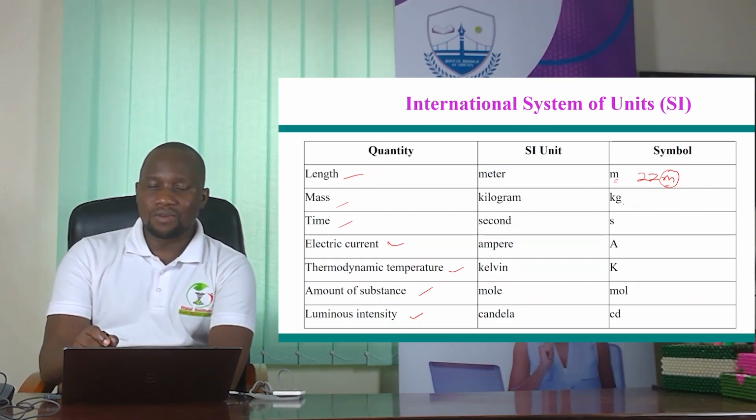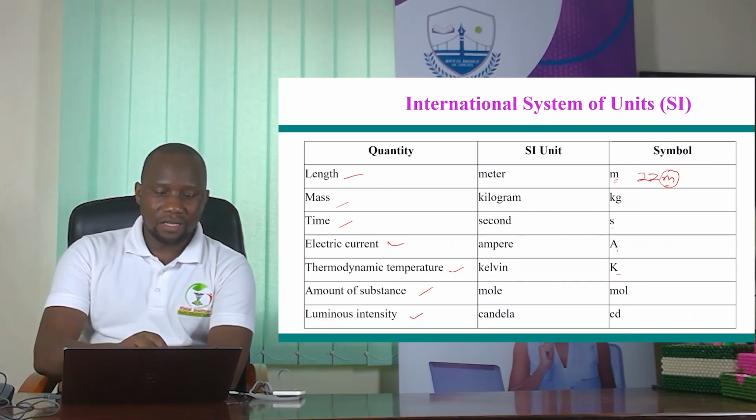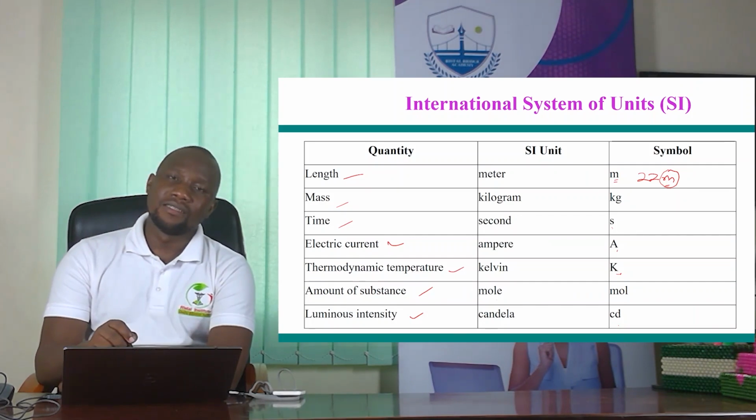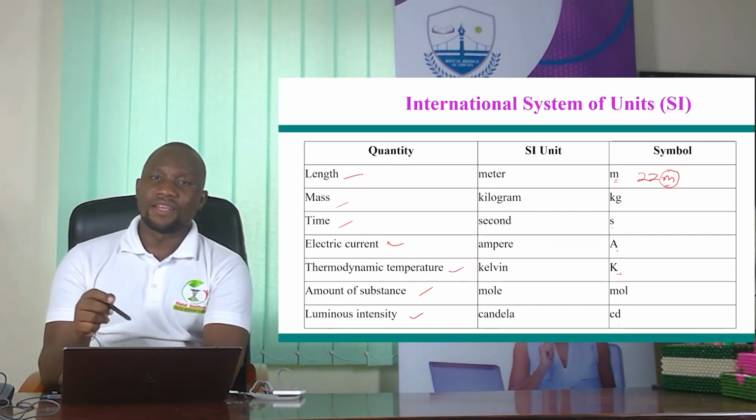Kilogram, we always know that it is kg. The small s means seconds. The ampere is represented by a capital A. So it is very important for you to know when to use the small letter and when to use the capital letter. Kelvin, for thermodynamic temperature, is capital K. Mole is all small letters. And then cd, which is for candela, is luminous intensity.